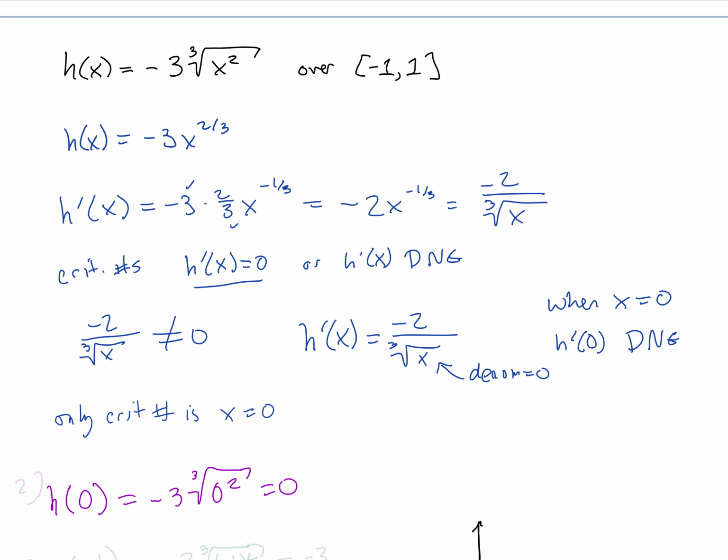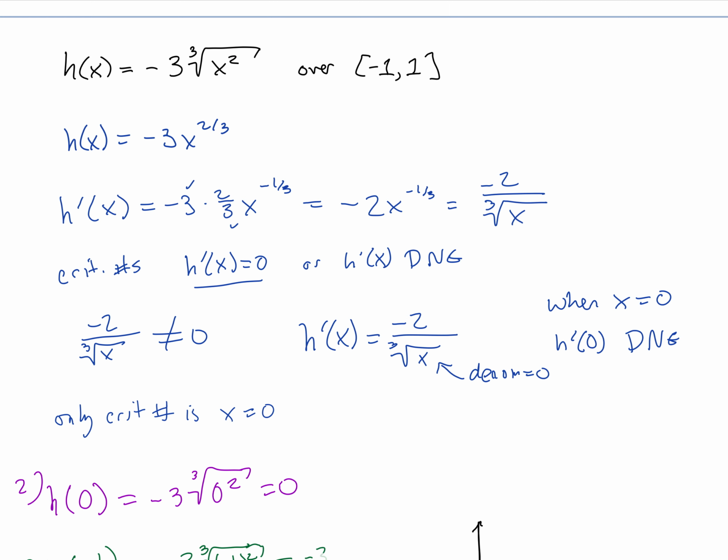Okay, we are evaluating the function at each critical number and at the endpoints. Our endpoints were negative 1 and positive 1. So h of negative 1 is negative 3 times the cube root of negative 1 squared.